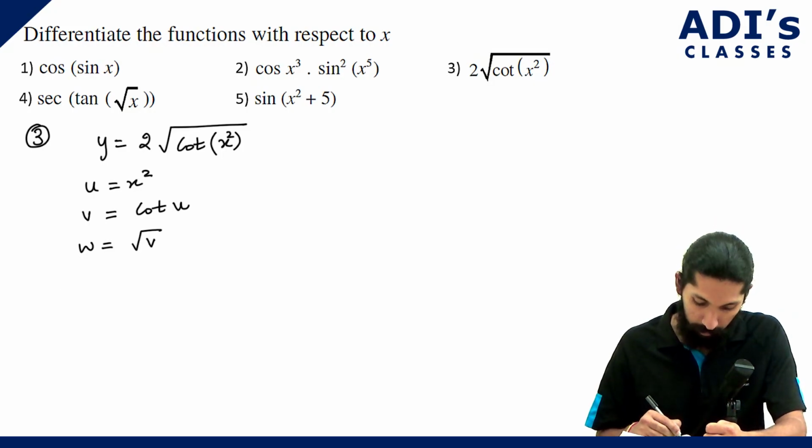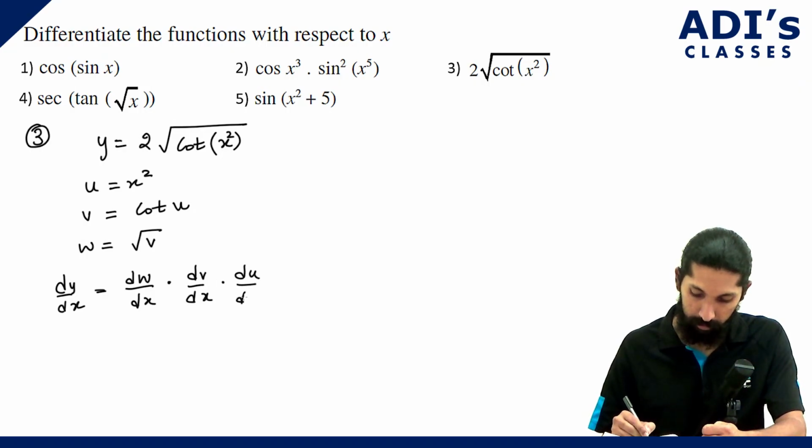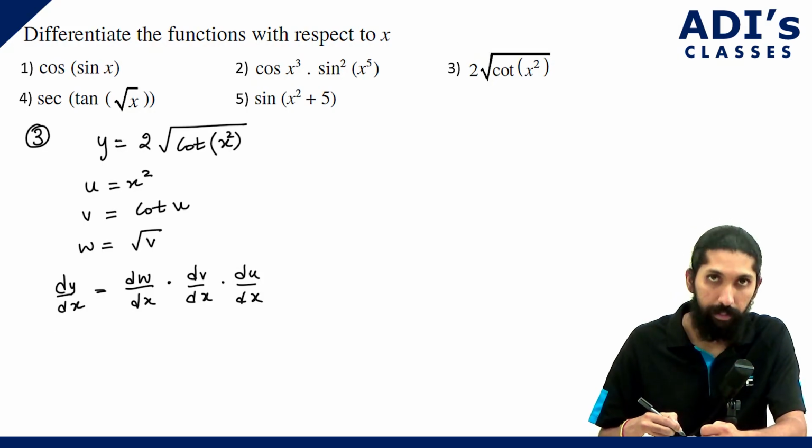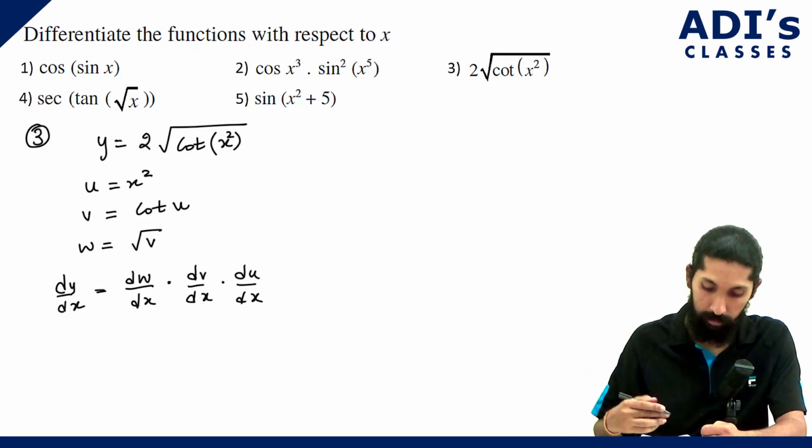So now what do we get? dy by dx is equal to dw by dx into dv by dx into du by dx. Correct? All of them will go like inside, inside, inside.